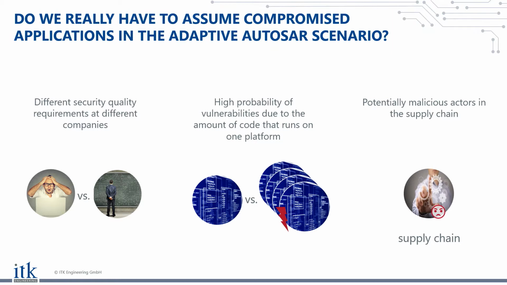But simply backdoors, debugging capabilities, or the desire to gain access to some customer privacy-related data makes it probable that there are some interfaces that are not considered in a security model. And so this is what we call malicious actors in the supply chain. So there is functionality that is exposed that gives access somehow to those companies or third parties.